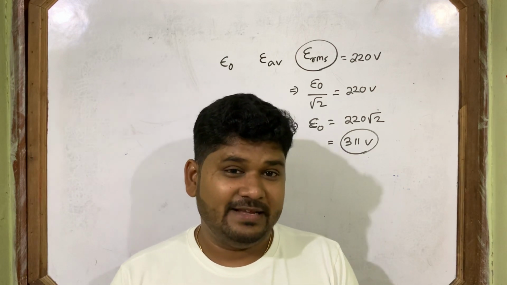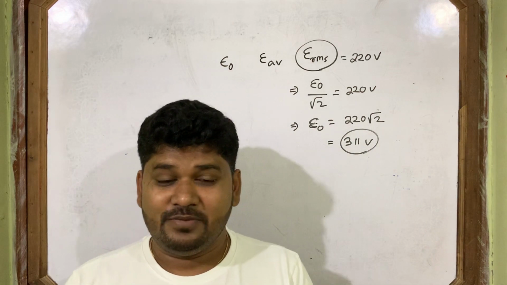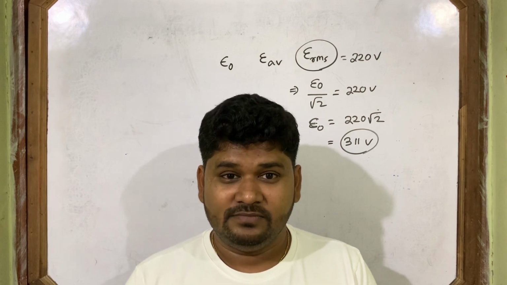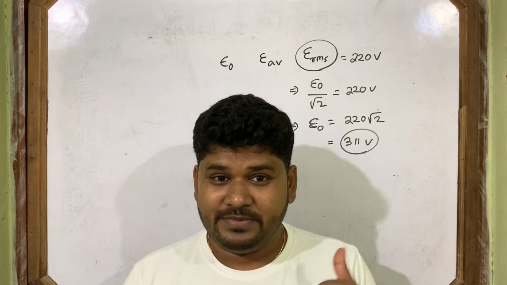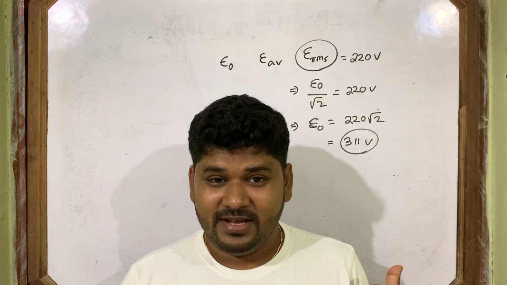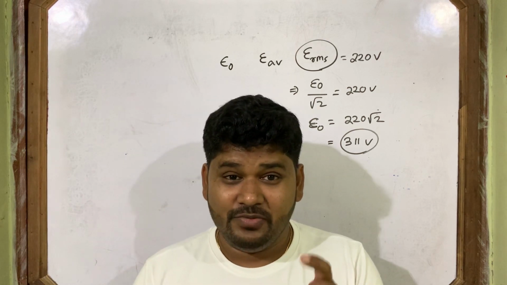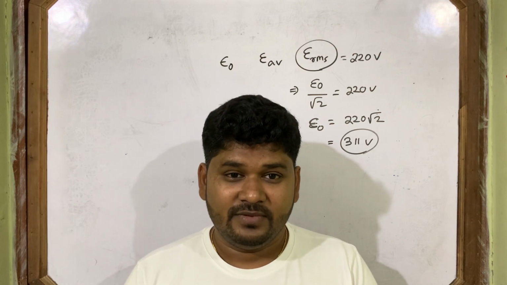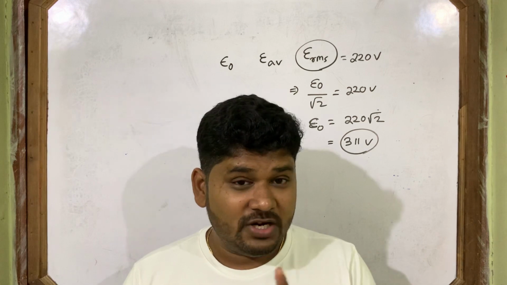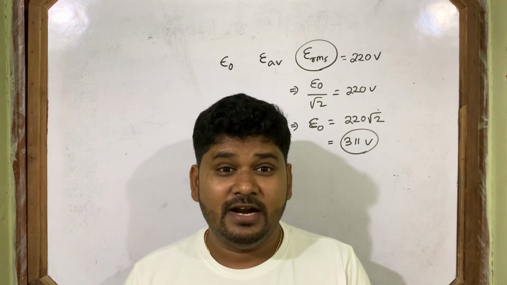Suppose someday you got an electric shock and somebody told you that you got a shock of 220 volt. Now after this class, you have the idea. You will be angry and tell that person, I did not get a shock of 220 volt, but I got a shock of 311 volt.